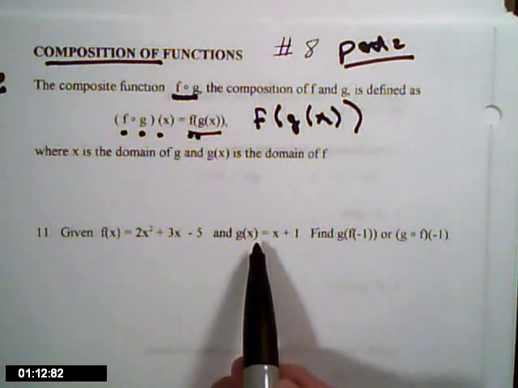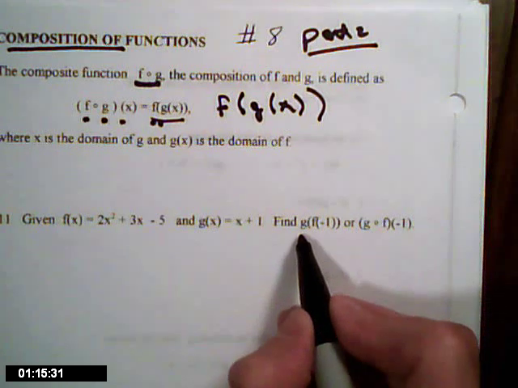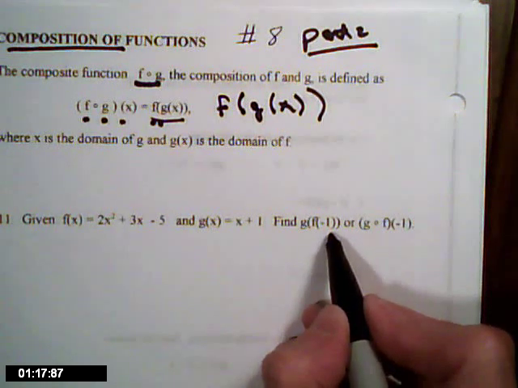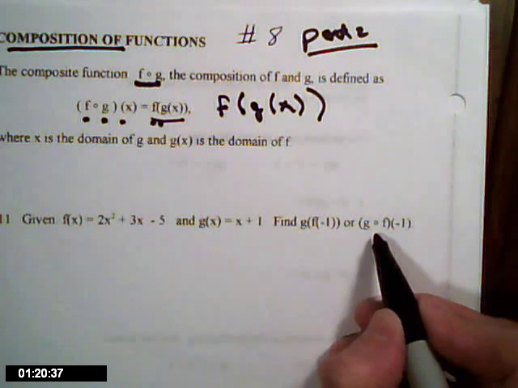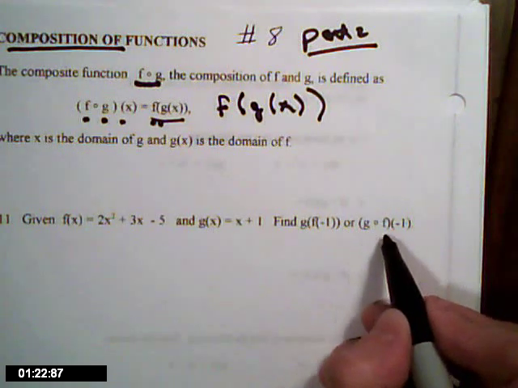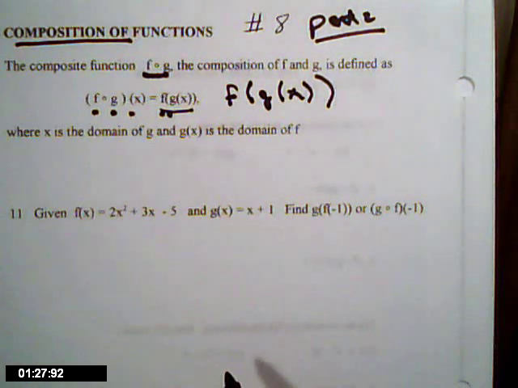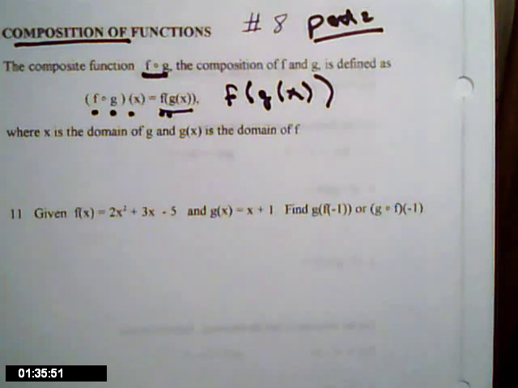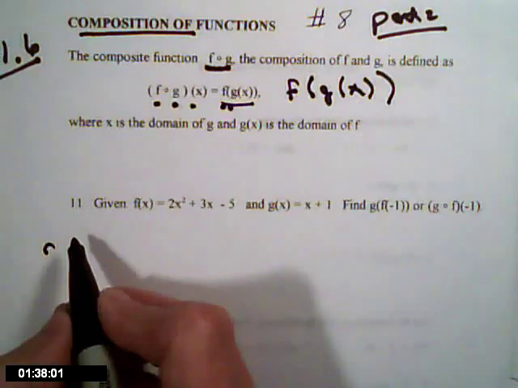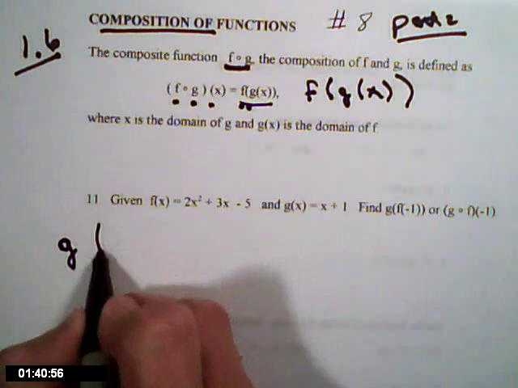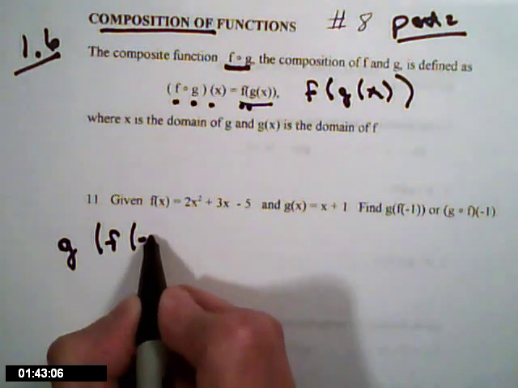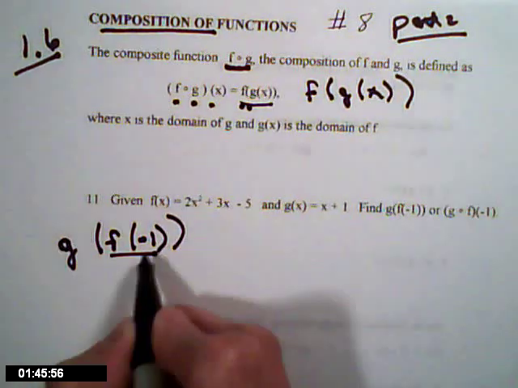All right, number 11. Given two functions, find g of f of -1, or you may see it written in MyMathLab with the open circle, g open circle f of -1. Since I have a number, -1, I'm going to use that first. You're going to work from the inside out. So I'm first going to work with f of -1.